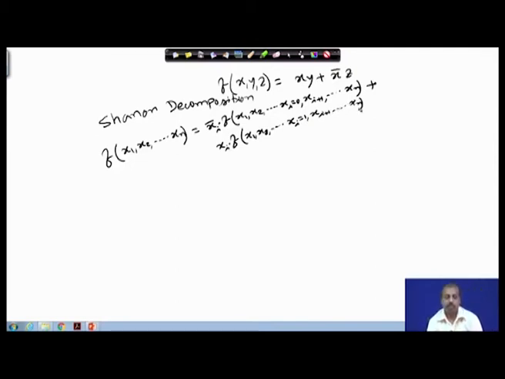That means, in the function f you put xi equal to 0 in one case and xi equal to 1 in the other case.